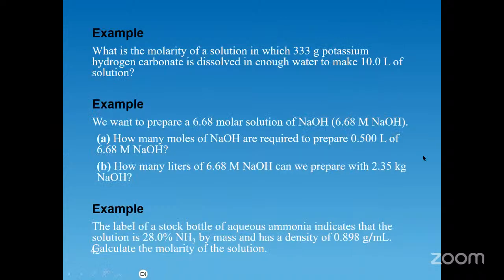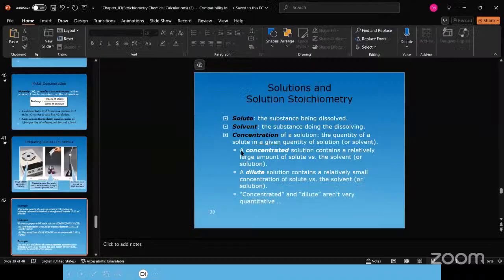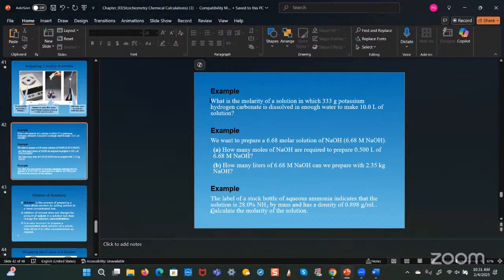Okay, let's see here. All right, let's see how many of these questions we can do before class ends. All right, so the first question is, what is the molarity of a solution in which 333 grams of potassium hydrogen carbonate is dissolved? Let me copy this here.